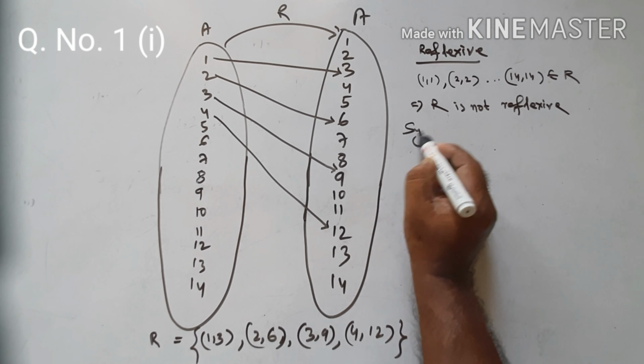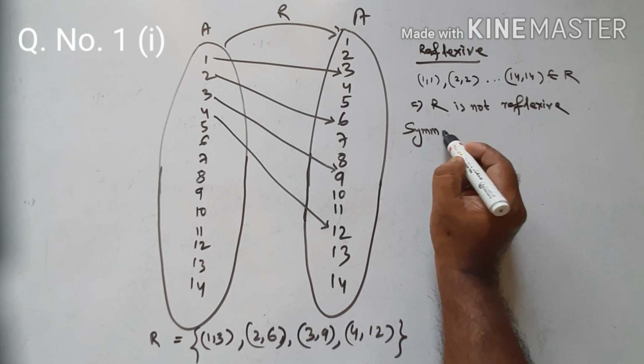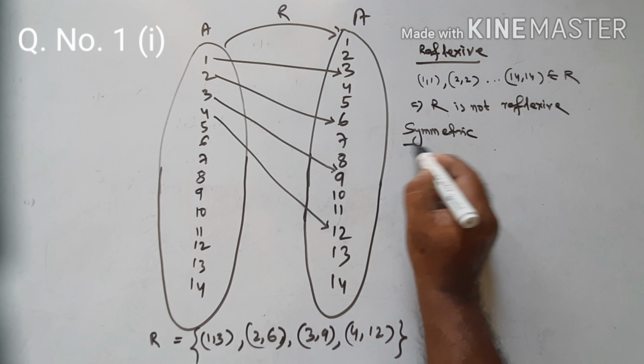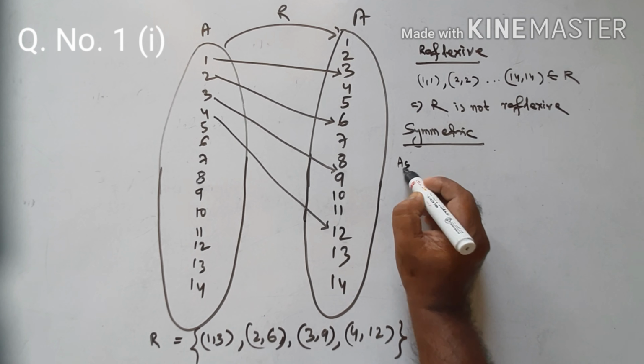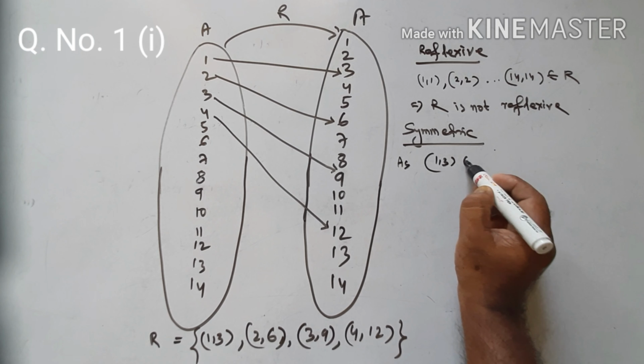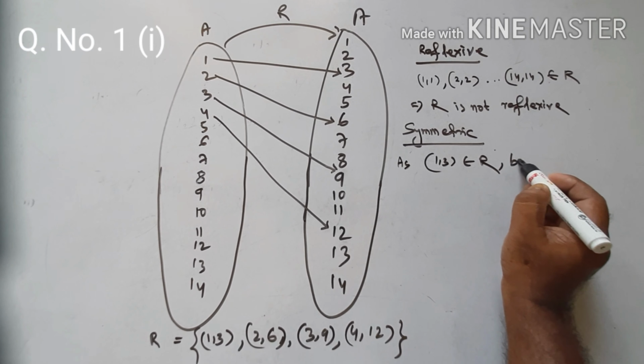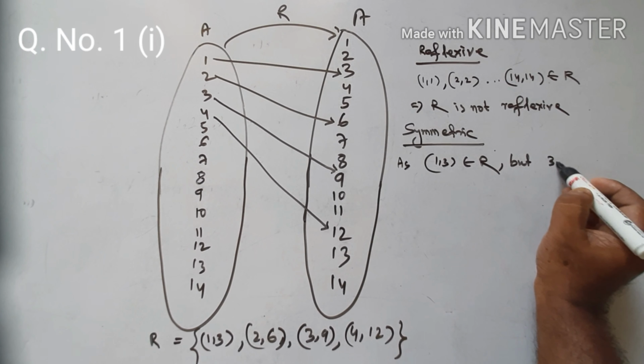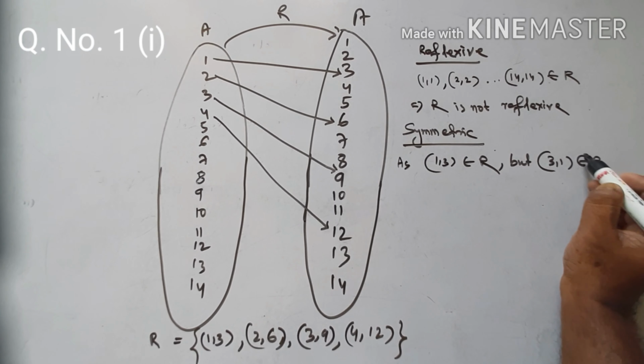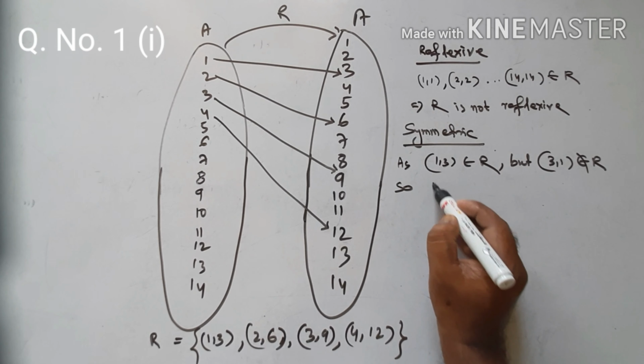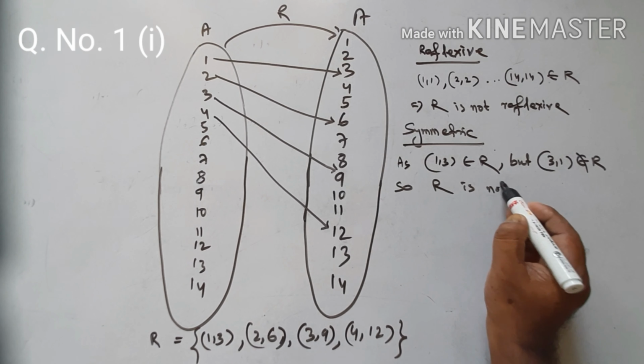Next, symmetric. (1, 3) belongs to R, but (3, 1) does not belong to R. So R is not symmetric.